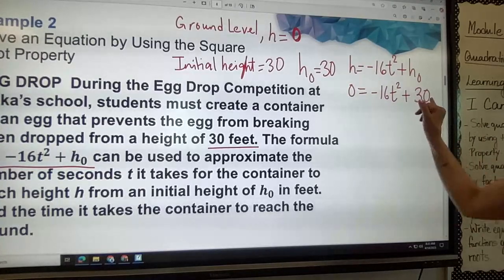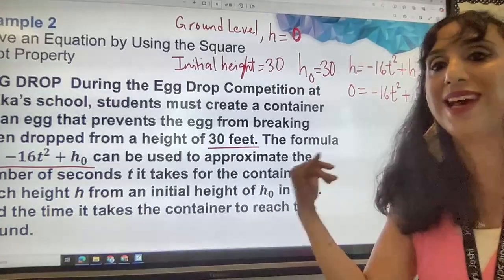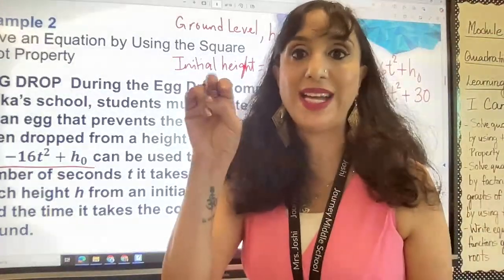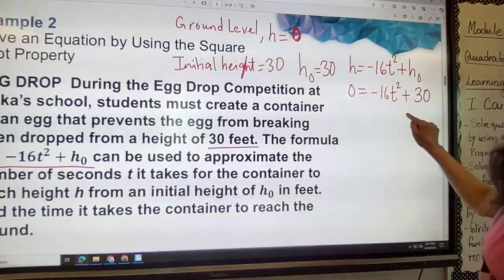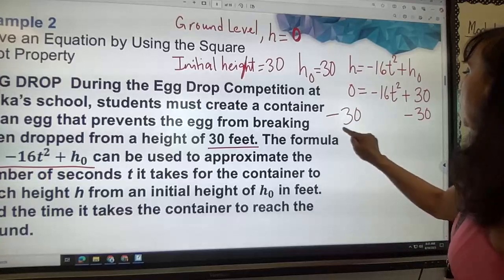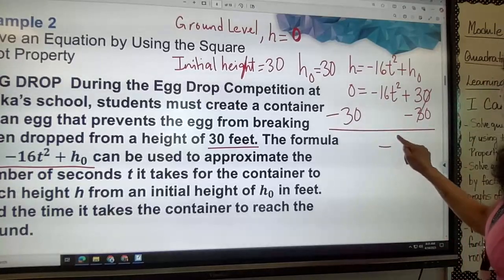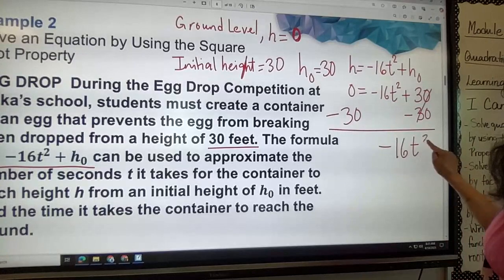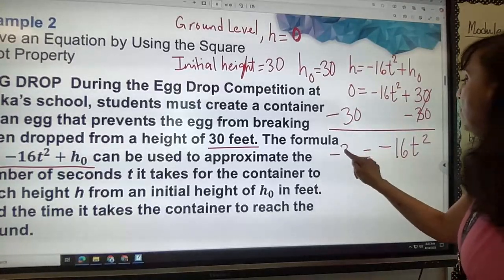Okay, so now I'm going to subtract 30 from both sides because I'm trying to find the value of that t. Okay, so therefore minus 30 minus 30, and I get negative 16t squared is equal to negative 30.